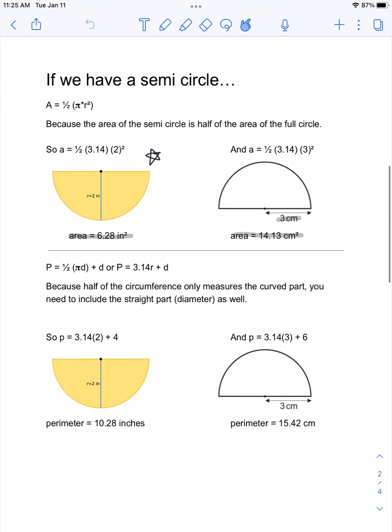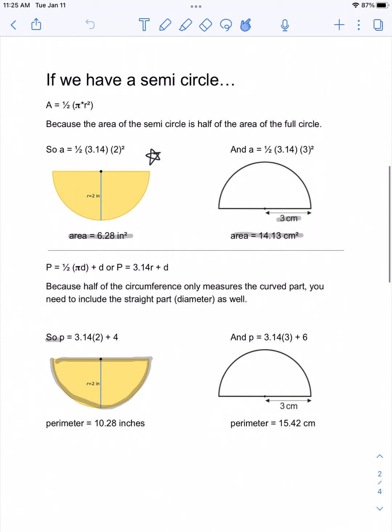All right, so perimeter is a little different because we can't just find half of the circumference. Half of the circumference will give us this distance, but then we also have to add the diameter, the distance across. So for circumference of a semicircle, or the perimeter of a semicircle, you're going to find half of the circumference plus the diameter.